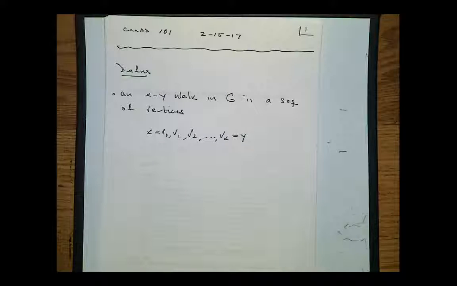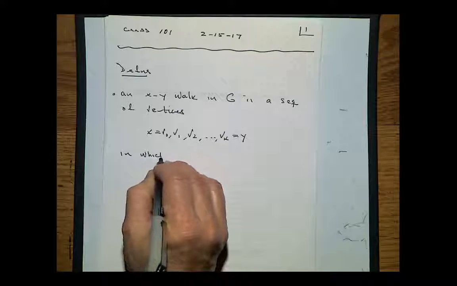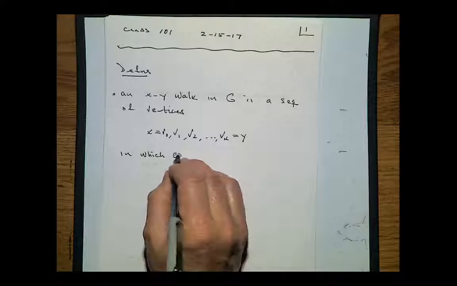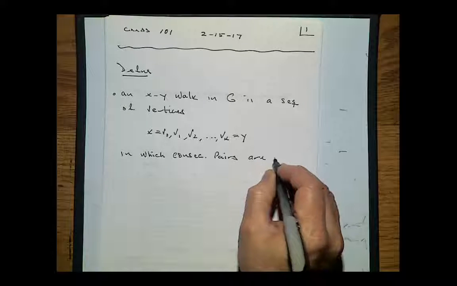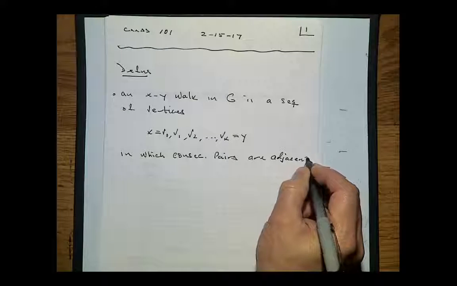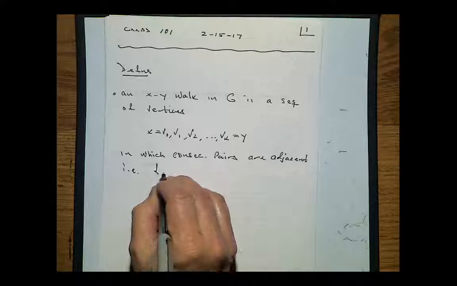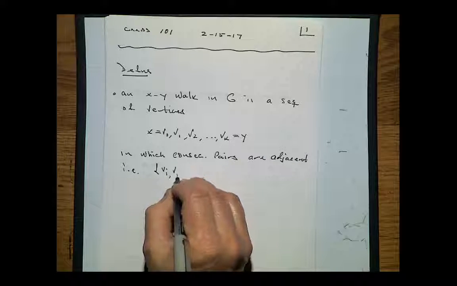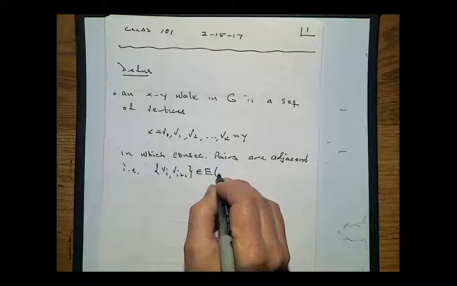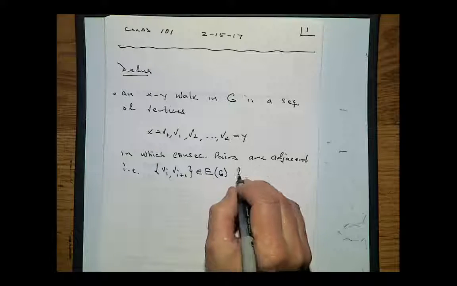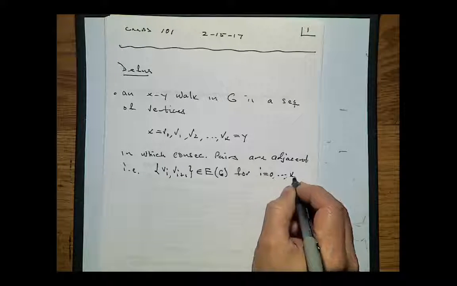That's an XY walk in which consecutive pairs are adjacent, i.e., Vi and Vi plus 1 are adjacent, so therefore they are in the edge set of G for all i going from 0 up to k minus 1.